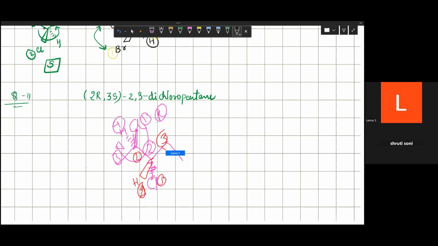So like this, right? So that would be anti-clockwise, so S, I believe. So then I think that's correct. Two is R, three is S, right? Yeah.